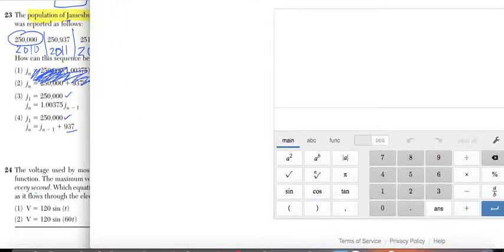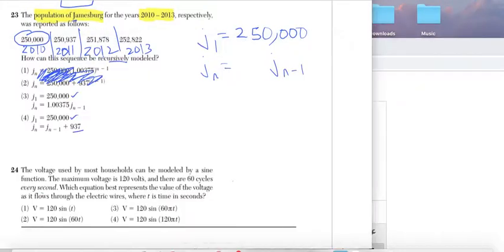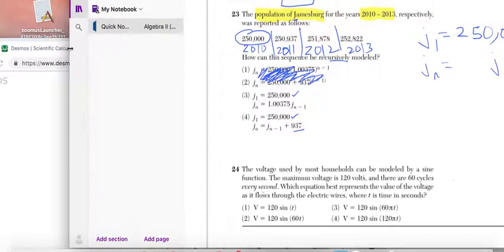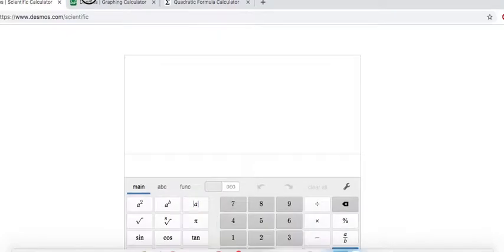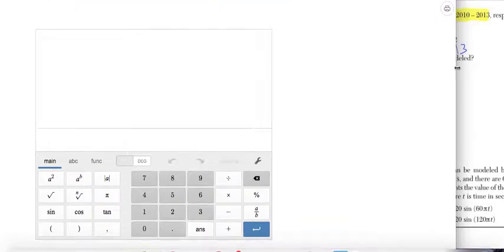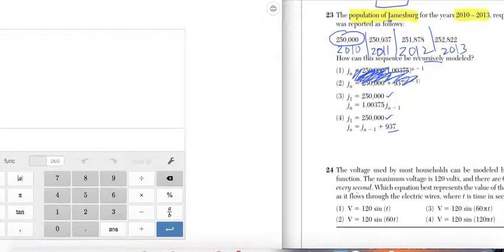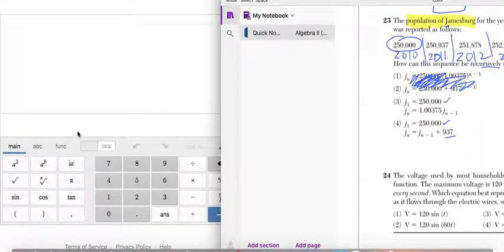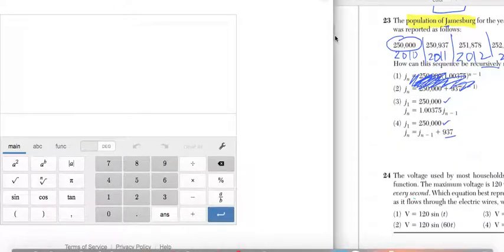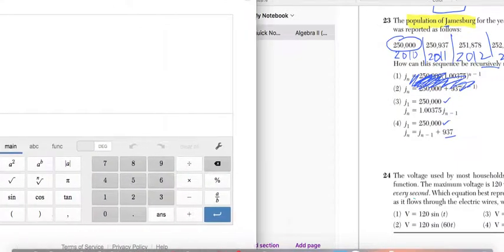The first term we already know is 250,000. The question is, would multiplying by 1.00375 help me get the correct value for the second term, which is 250,937? I'm trying to fit this, guys.